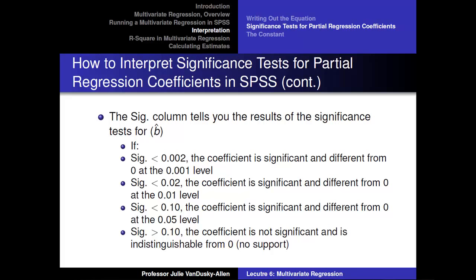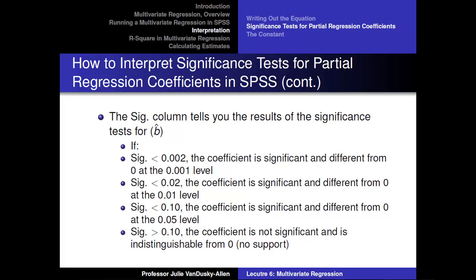If not, move on to the next step. If the sig value is less than 0.02, then the coefficient is significant and different from 0 at the 0.01 level. If not, move on to the next step. If the sig value is less than 0.10, then the coefficient is significant and different from 0 at the 0.05 level. In all of these cases, you have support for your argument.